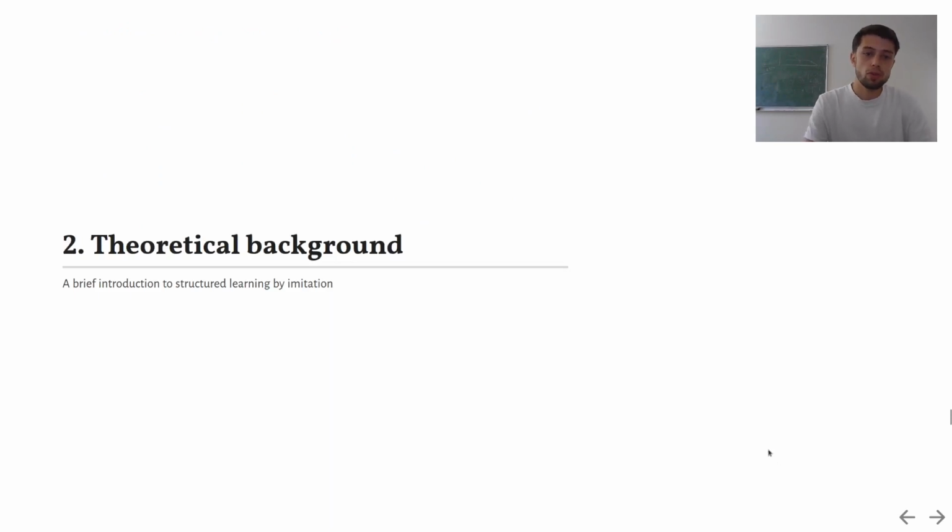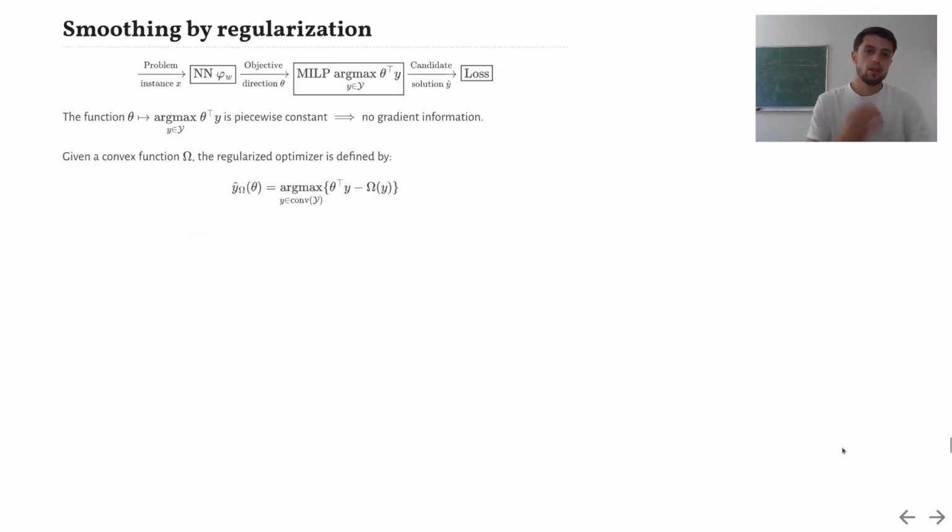Now, a bit of theoretical background to illustrate learning by imitation and structured learning by imitation. Here is again the generic pipeline for learning through combinatorial algorithms. And as I mentioned previously, the argmax here, the mixed integer linear program argmax, is piecewise constant. And then you cannot have meaningful gradient information.